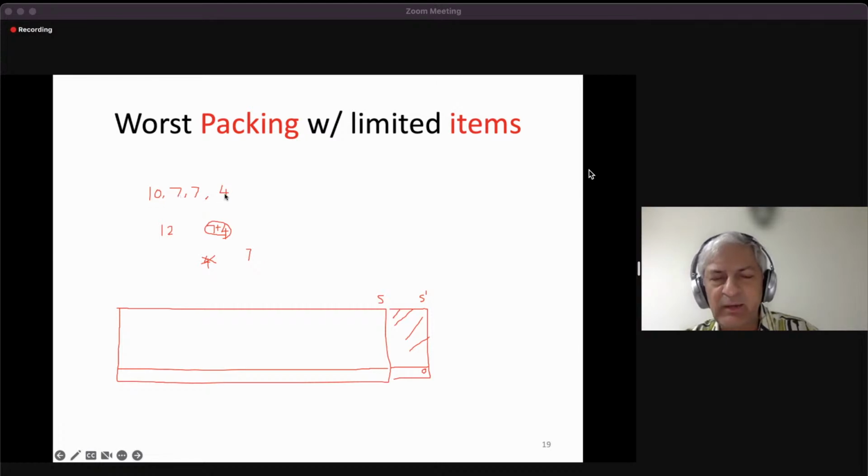Then I still have a 4-cent coin, so I can add that 4, which means I'll still get 11. And instead, if I start with a 10-cent coin, then I can maximize my wastage because I cannot get any closer. So the worst packing is achieved when I use a 10-cent coin and the wastage is 2, whereas the minimum wastage is 1.